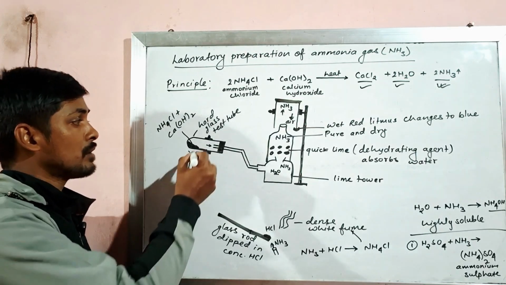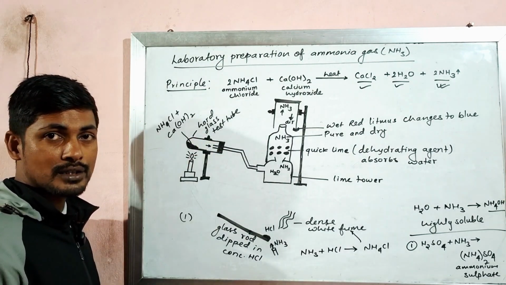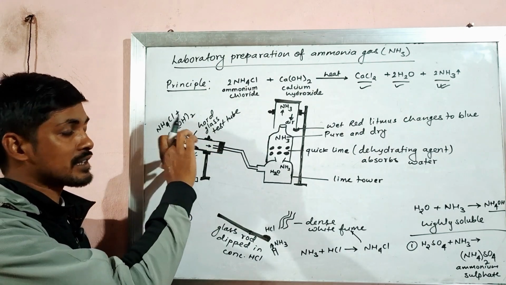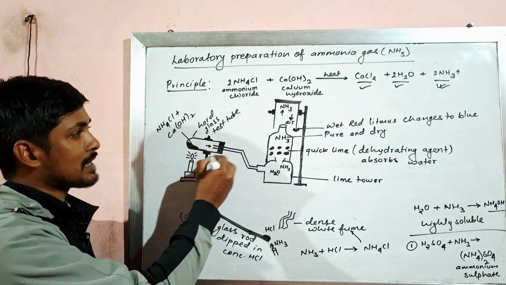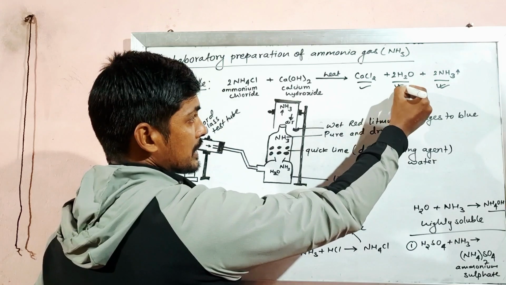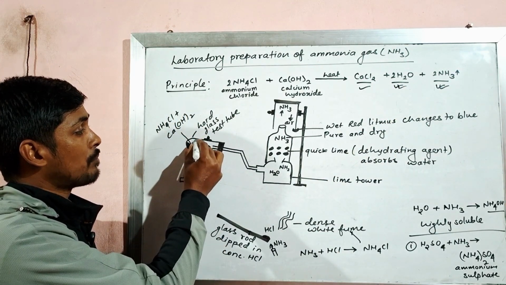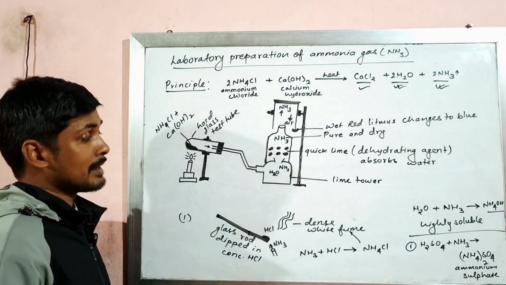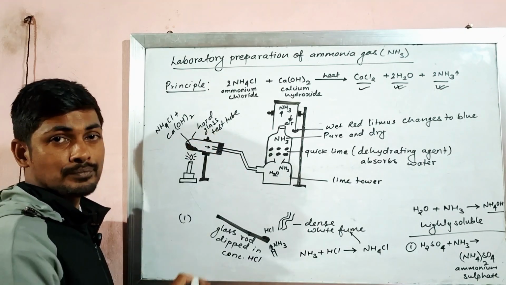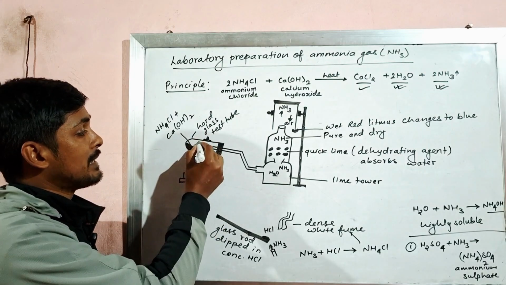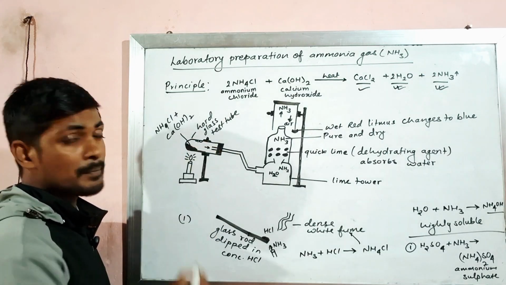Now, sometimes one question may arise here: why is this hard glass test tube slightly tilted downward? During the preparation of ammonia gas, along with ammonia, we get water vapor also. This water vapor, when it touches the upper part of the test tube, gets liquefied due to the cooling, and it settles here as droplets of water.